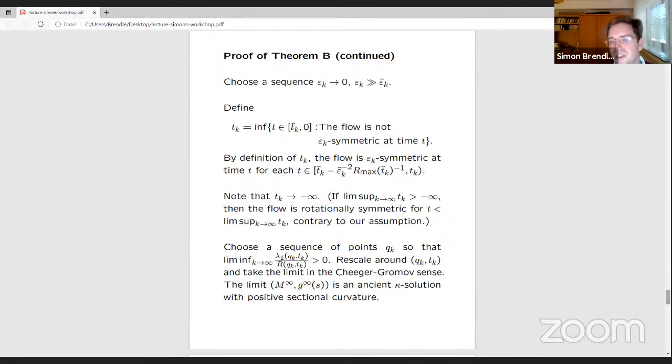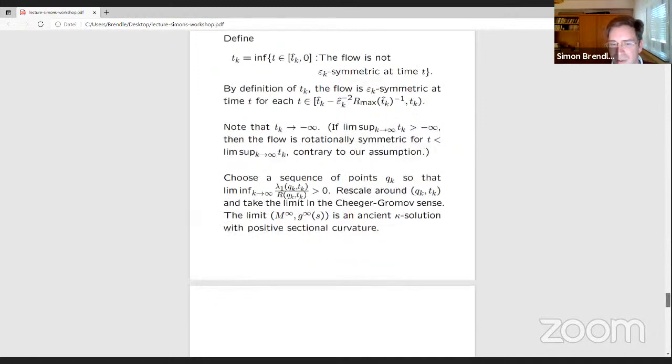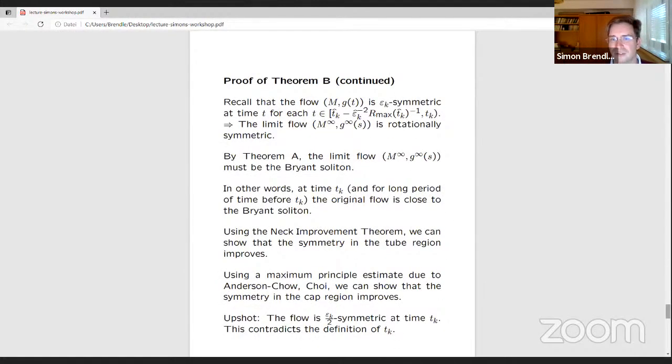So then you put yourself at that particular sequence and you rescale and take the limit. Now in the limit, you get an ancient kappa solution with positive sectional curvature. And because prior to rescaling the solution was epsilon_k symmetric, the limit flow is exactly rotationally symmetric. And then A tells you that the limit flow has to be the Brendle.